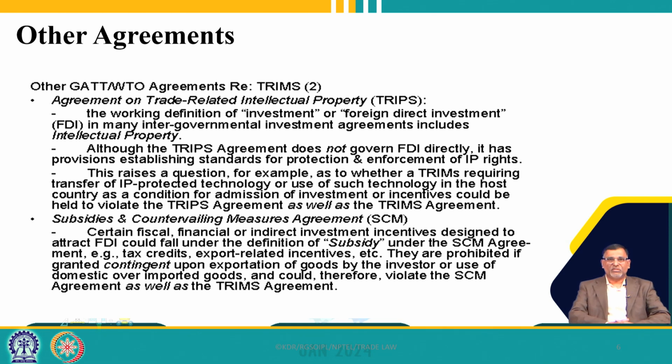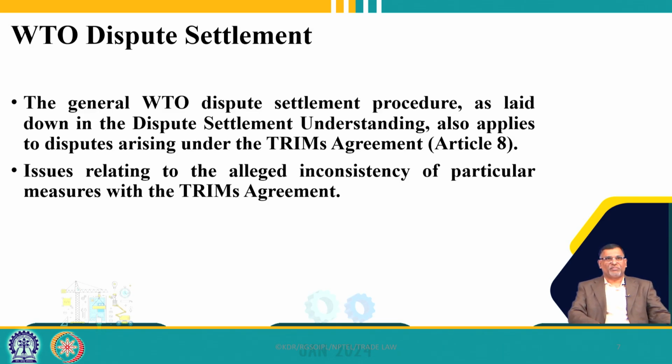So, it means if India is subsidizing a product and it is exporting that particular product to another country and selling it for a lower price in the export market, then the importing country has a right to impose additional taxes to the tune of the subsidies, that is the subsidies and countervailing measures. So, you can take countervailing measures against subsidies. So, there is a connection between the subsidies agreement and the TRIPS agreement as well.